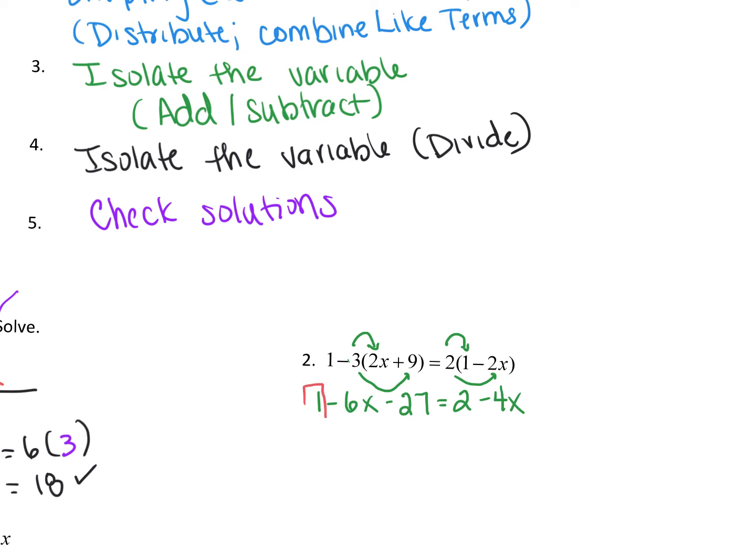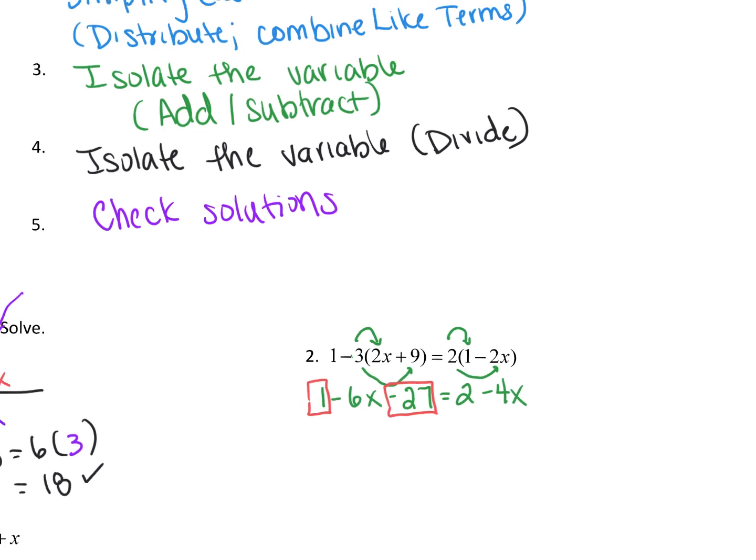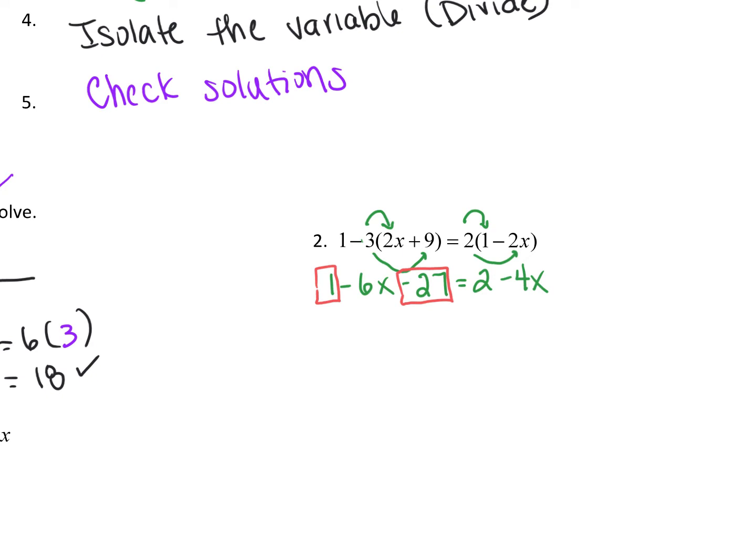Sitting here and here on this side, these are like terms. They're both the ones. So I can combine those terms, and that's 1 minus 27. So now I have negative 6x minus 26 is equal to 2 minus 4x.